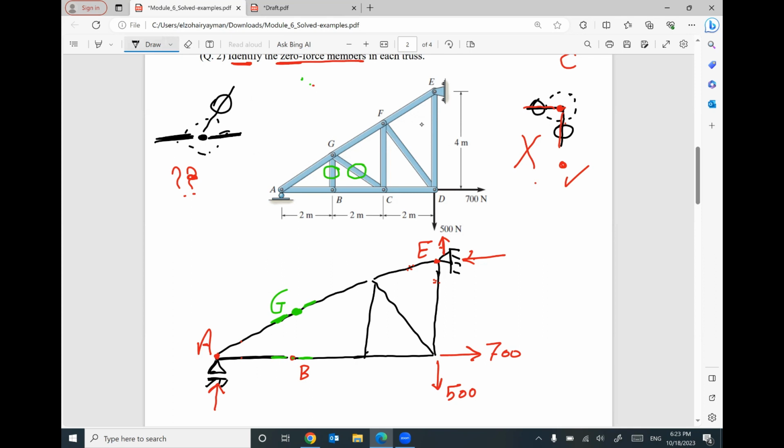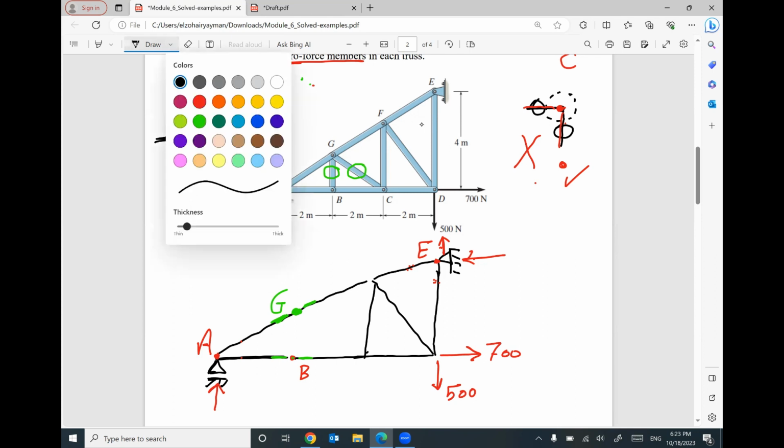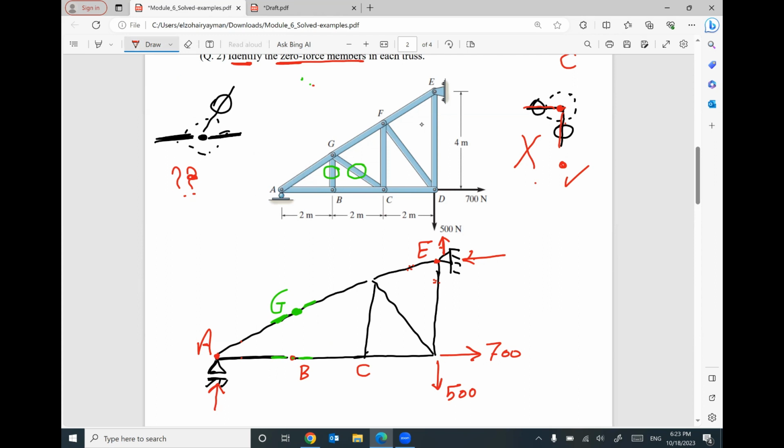At this time, I can say also joint C. Right now, joint C has three members. Two of them are collinear. No given force, no given reaction. So the third member will be zero. So this member also will be zero. I can delete it.